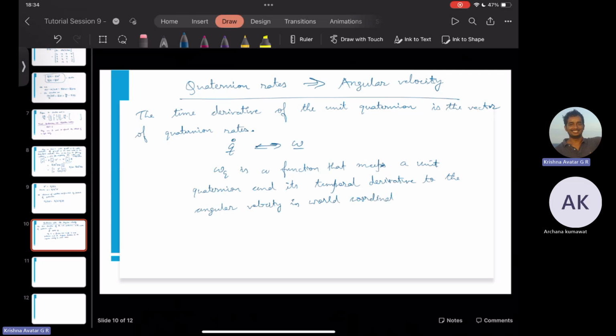And for body coordinates, the function that we have is WQ prime.